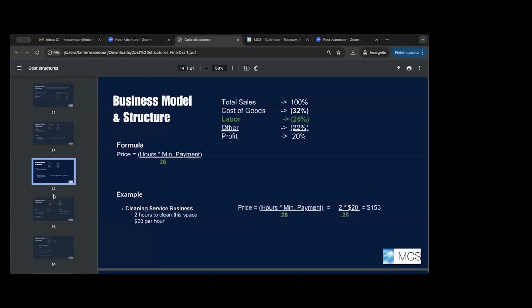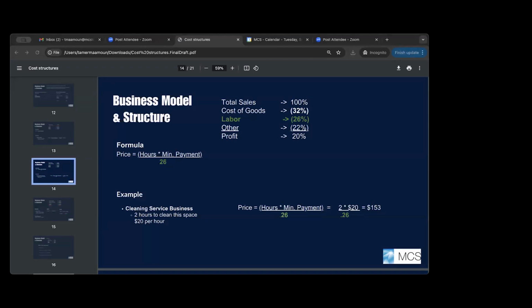So when it comes to a service-based business, most of the time you spend a lot more on labor, meaning that your expense is more on delivering the service versus purchasing inventory to deliver the service, right?